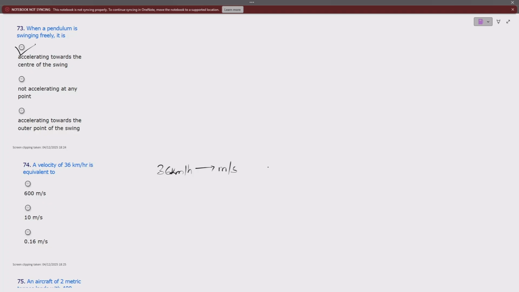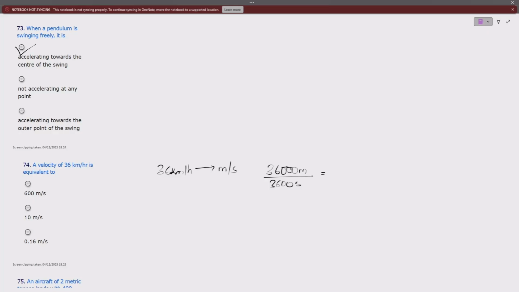So we are going to convert 36 kilometers to meters. That will be 36,000 meters. And hour to seconds. So 1 hour equals 3,600 seconds.